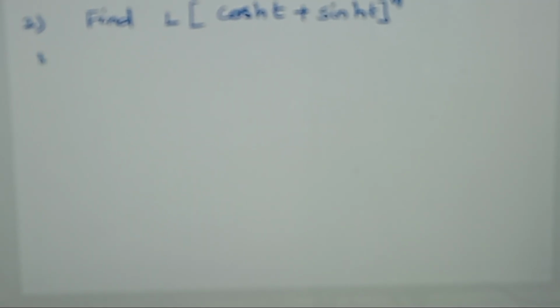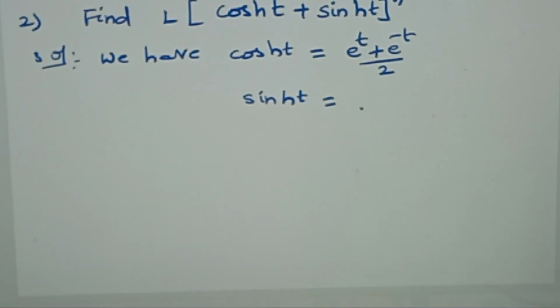Okay, so what are the basic formulas, if you remember? What is the formula of cosh t in exponential form? e to the power t plus e to the power minus t by 2. Okay, since you have studied hyperbolic functions, you should remember the formulas of cosh t and sinh t. What is the formula of sinh t? e raised to t minus e raised to minus t upon 2. Okay, so what is the value?